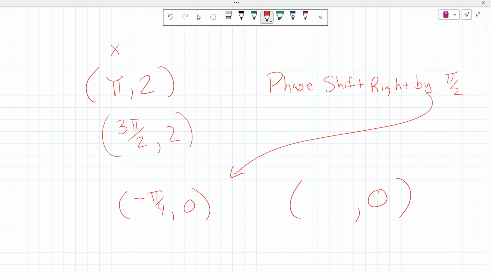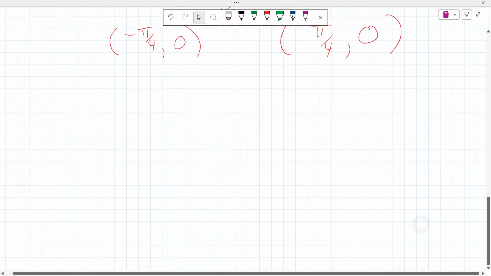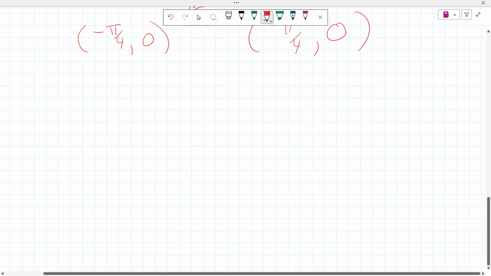Well, we're at negative pi over 4, which is negative 1/4, right? What's negative 1/4 plus 1/2? Positive 1/4. So the new point is (pi over 4, 0). Okay? All right.